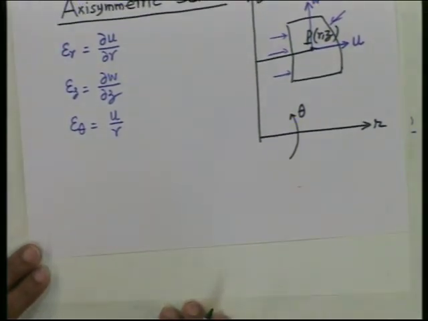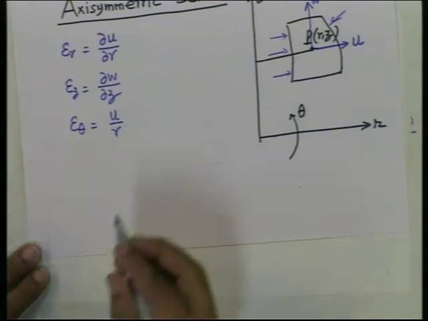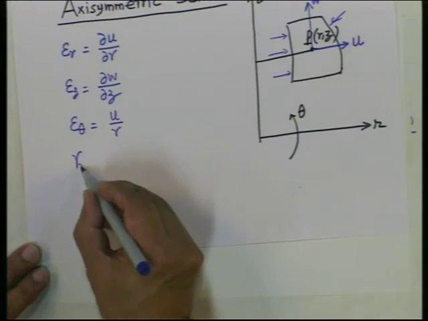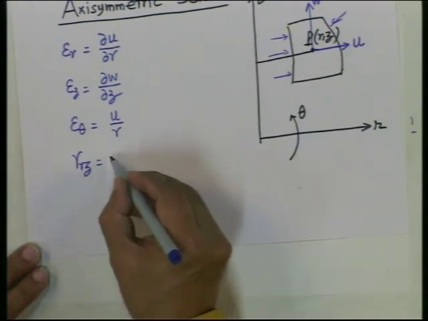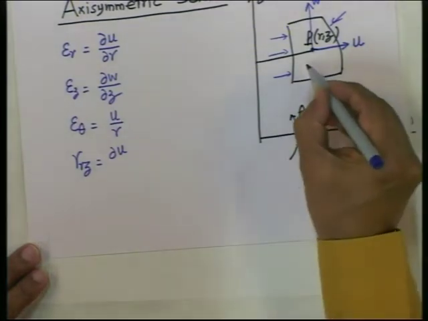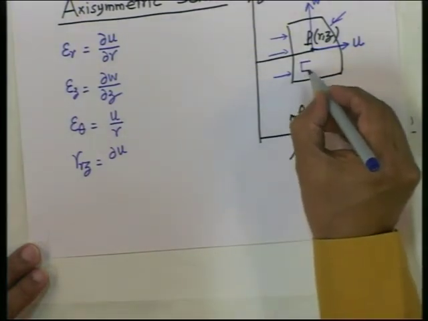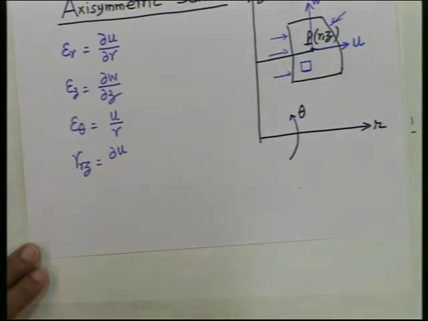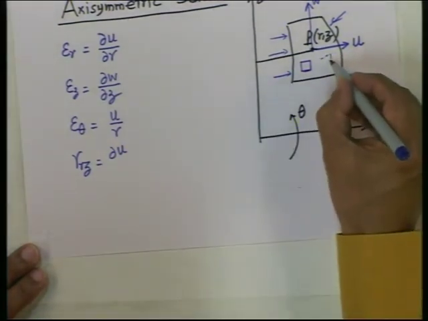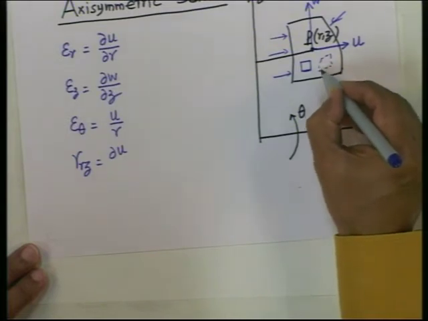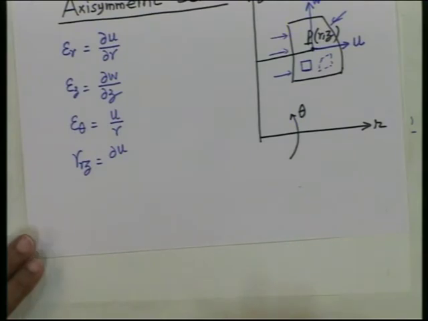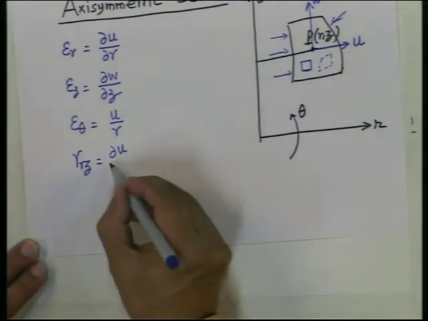So, there will be epsilon theta, and that is given by u by r, a relationship available in your theory of elasticity book. Then what about gamma r z? Yes, there will be, because any element here, if you take an original element like this, after the loads are applied, this element will change its shape like this. So, the 90 degree angle will change in the plane. So, this will exist.